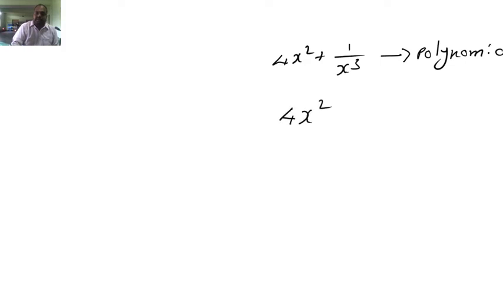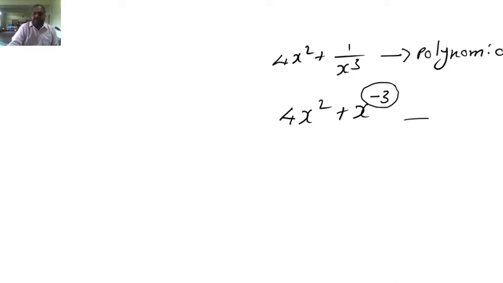Next, 4x square plus 1 by x cube. Is it a polynomial or not? We can write 4x square plus x to the power of minus 3. So it is having negative power.